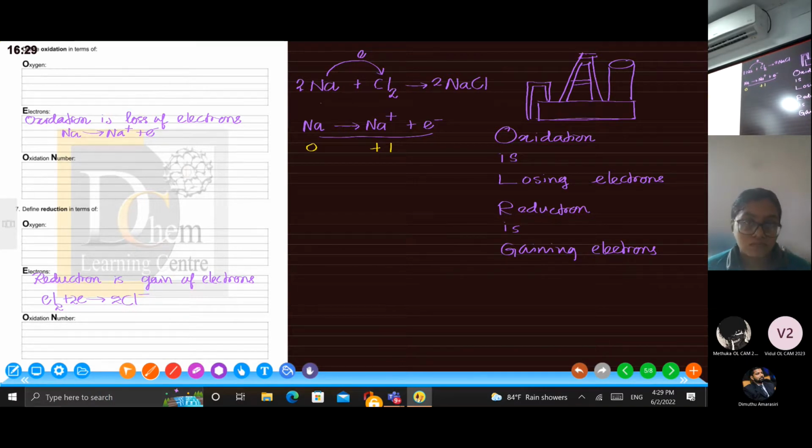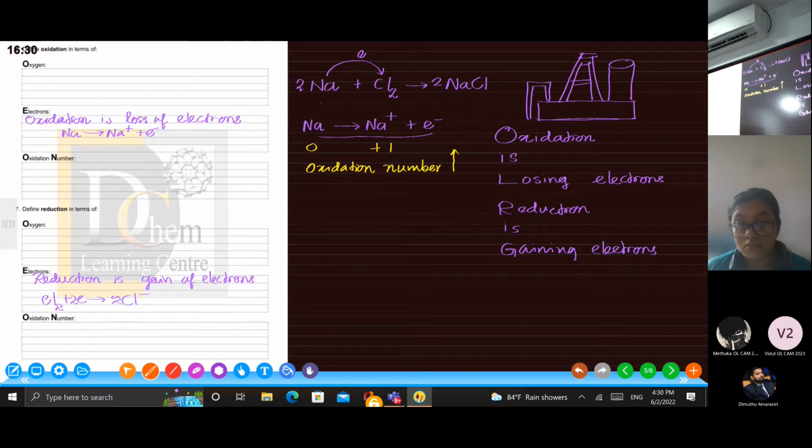0 has become +1. So what has happened to the oxidation number? It increased. The oxidation number has increased by 1.